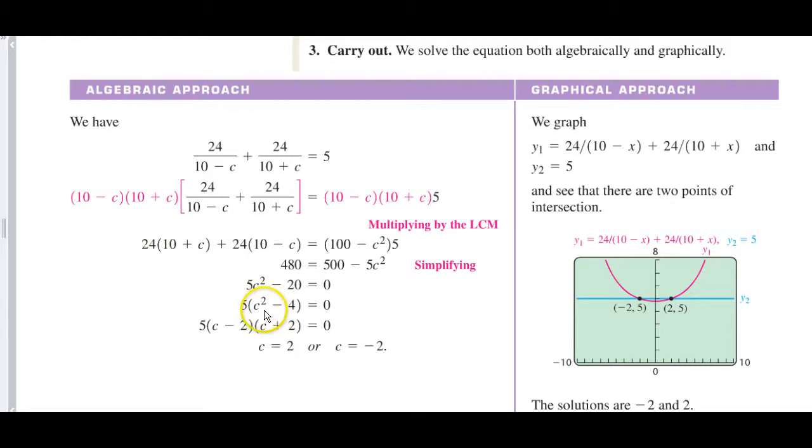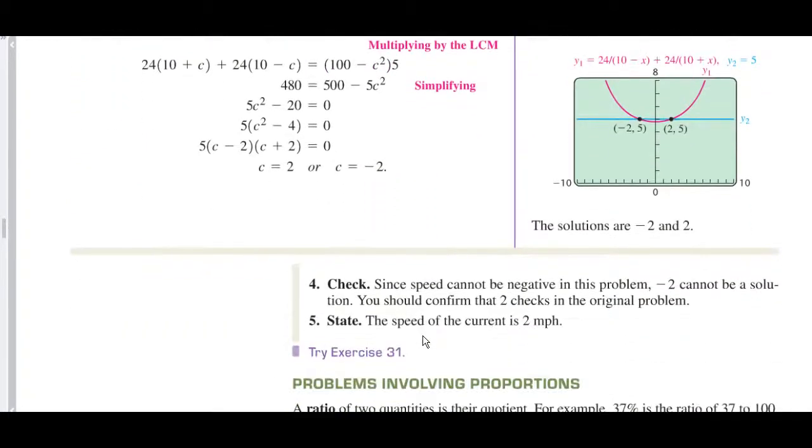Here I get the difference of perfect squares, factor that, equate each of them to 0, and I get that the current is either 2 miles an hour, or as they say in the Twilight Zone, the current is negative 2 miles per hour. So we're going to reject the negative. So the current is 2 miles per hour. And that is that one.